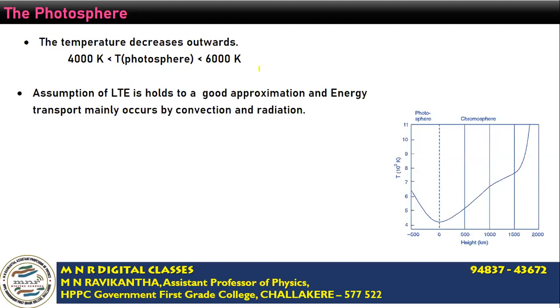The assumption of local thermodynamical equilibrium holds good for the photosphere, and the energy transport in the photosphere is mainly due to convection and radiation. This figure shows the temperature variation of the photosphere and chromosphere.